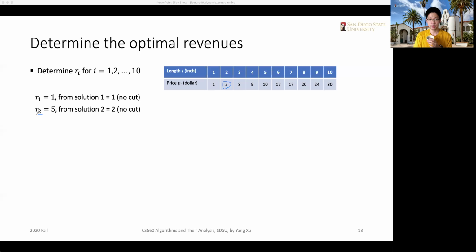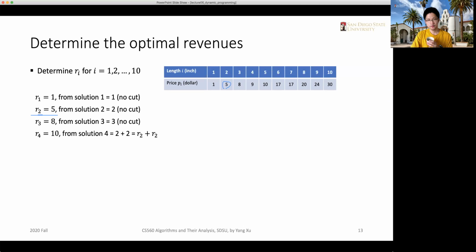So we say that R2 is 5, and the optimal solution is also no cut. For R3, there are a few more solutions, but we can list all possible ways: 2 plus 1, 1 plus 2, 1 plus 1 plus 1, and no cut. We find that no cut is still the best option.